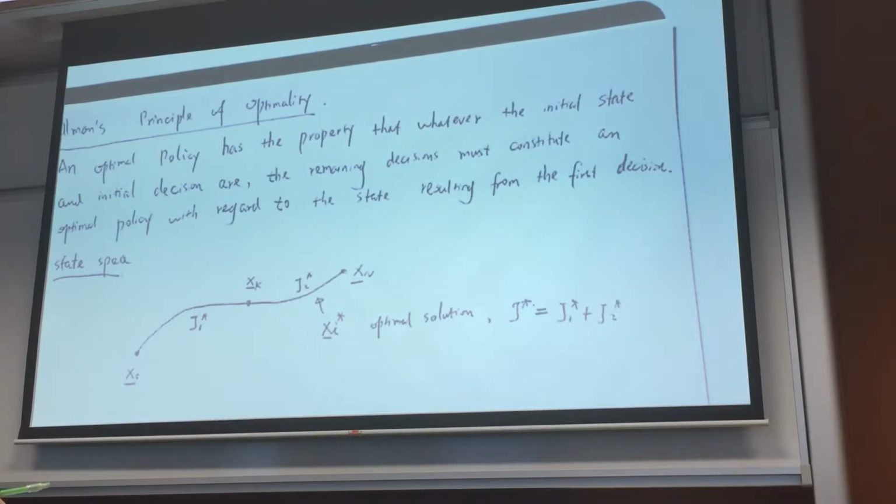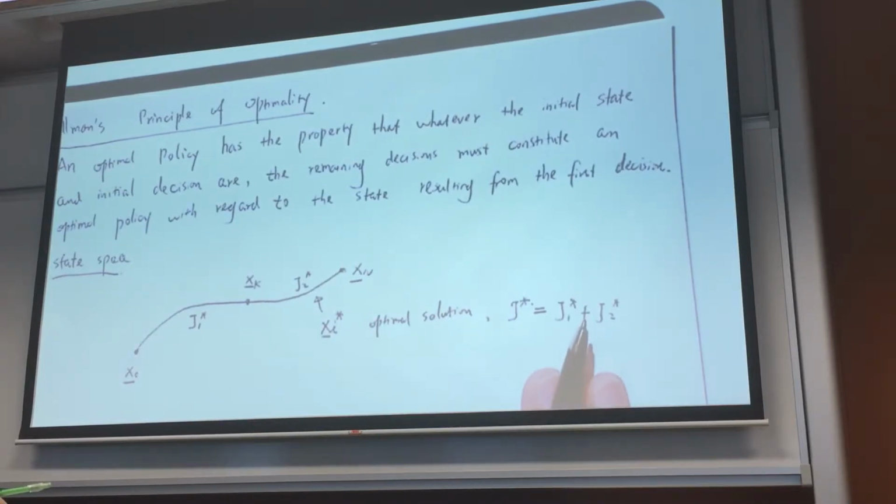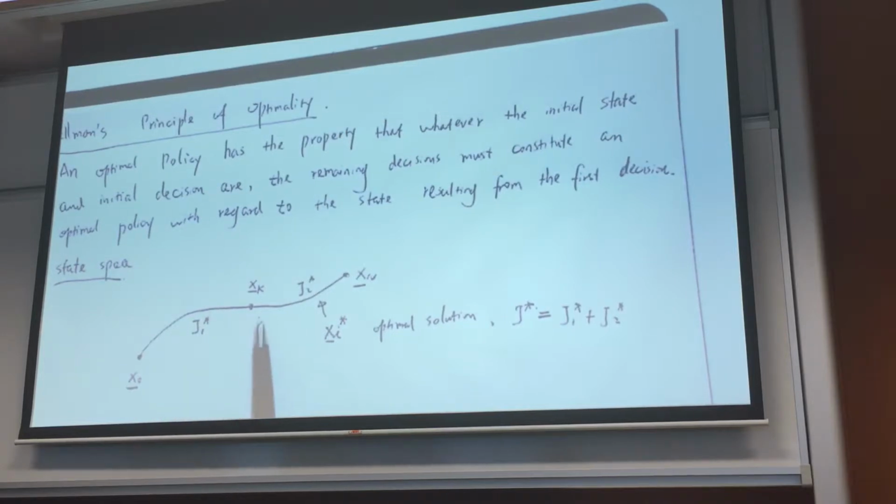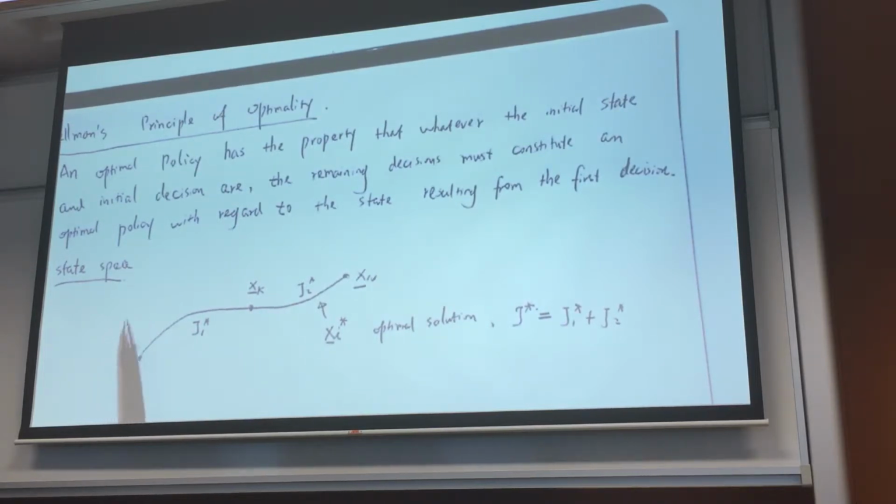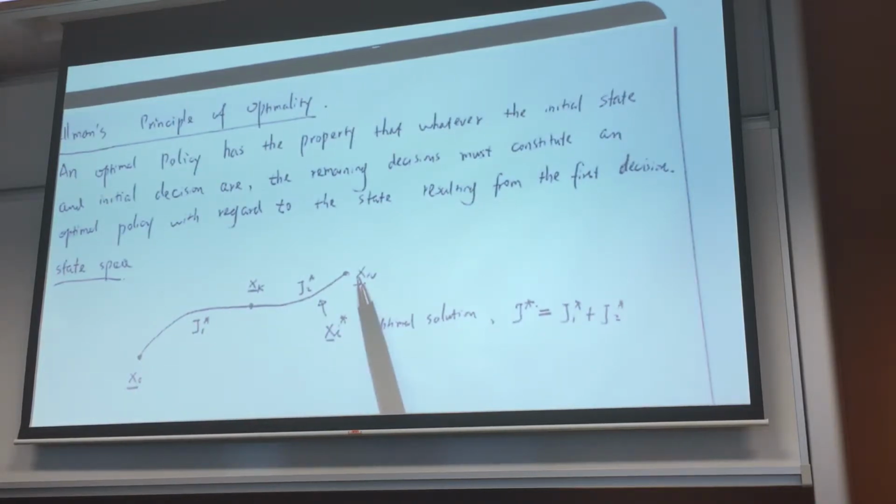This is the idea. You don't need to solve the whole problem from the beginning. Instead, you can solve the problem segment by segment, then the combination is still optimal.